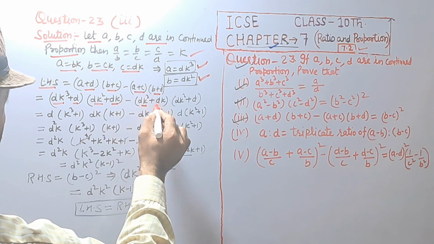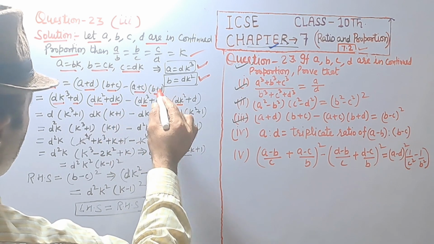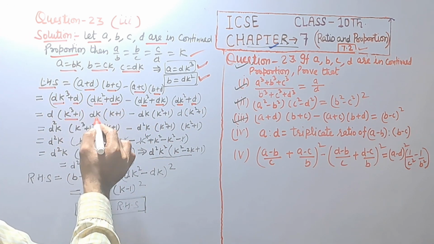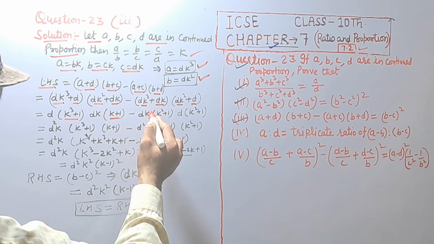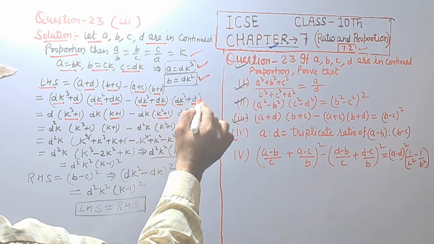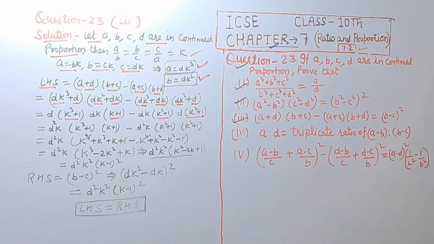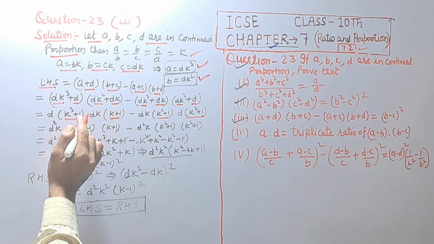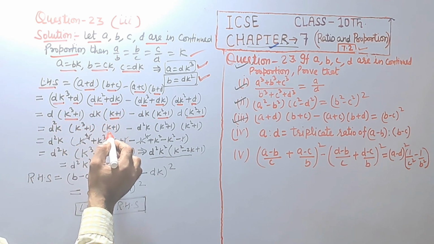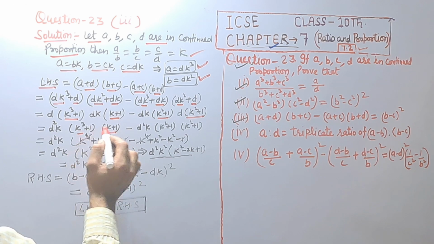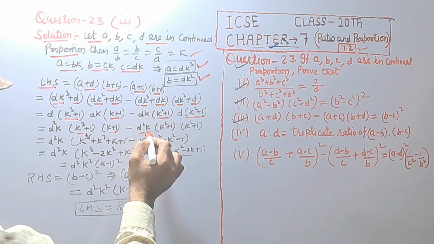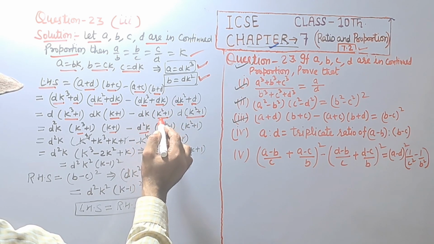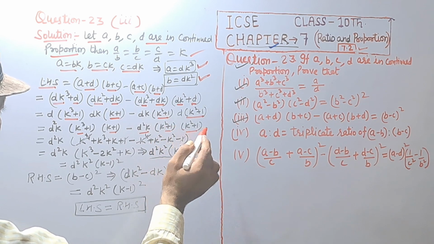We are taking common d in bracket (k³ + 1) and dk is common (k + 1), dk is common (k² + 1) and d is common (k² + 1), that is d²k (k³ + 1)(k + 1) and d²k (k² + 1)(k² + 1).